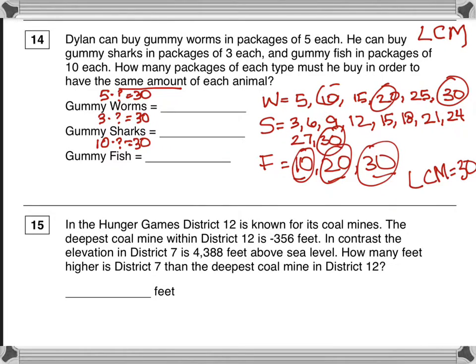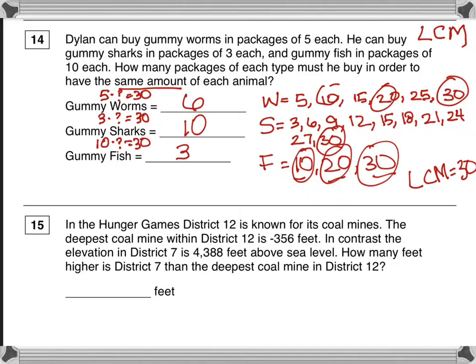Well, 5 times 6 equals 30, so I would need 6 packages of gummy worms. 3 times 10 is 30. That's how many packages of gummy sharks I would need. And then 10 times 3 is 30. And that is how you break down this problem in order to find the solution.